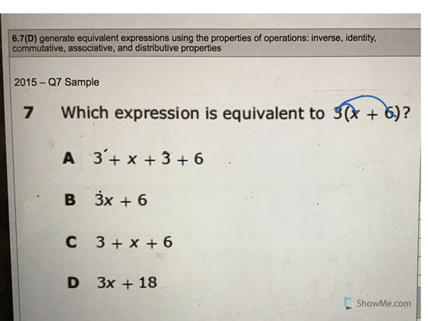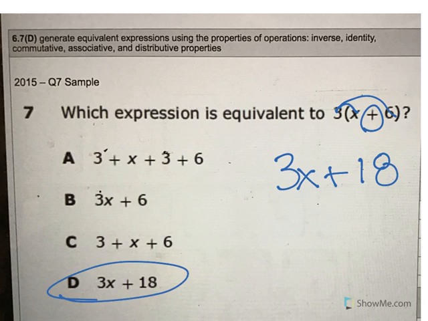I don't know what the x represents, so I can't add them. But what I can do is multiply the 3 times the x and the 3 times the 6. So 3 times x is 3x. 3 times 6 is 18. Is it positive or negative? Obviously it's positive, so it's adding 18. So our answer is D.